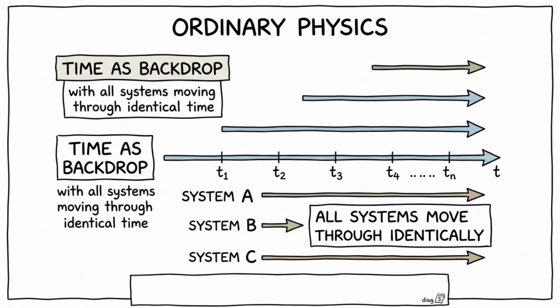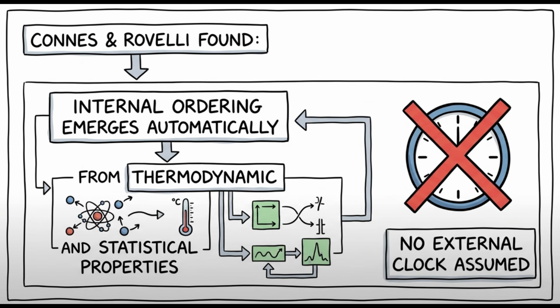Ordinary physics treats time as a backdrop, something all systems move through identically, whether you know their exact state or not. Connes and Rovelli found that for a huge class of quantum systems, a specific flow, a kind of internal ordering, emerges automatically from thermodynamic and statistical properties alone, with no external clock assumed anywhere.